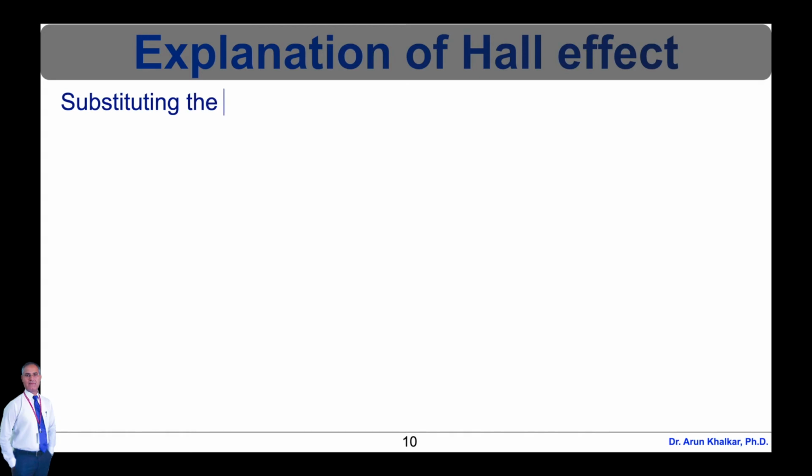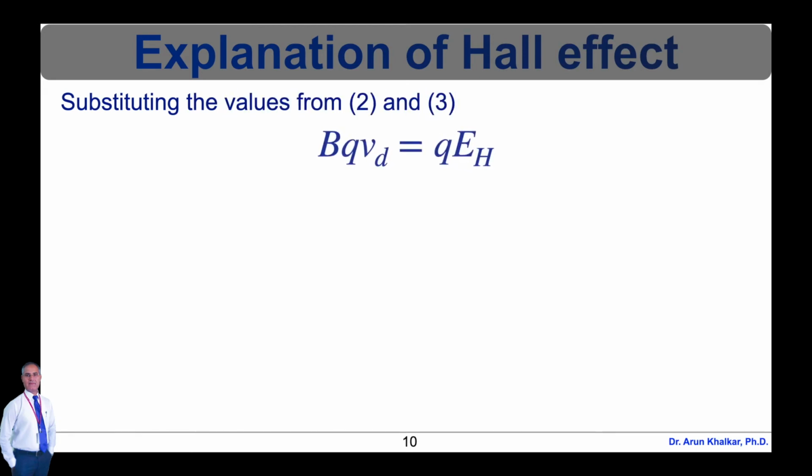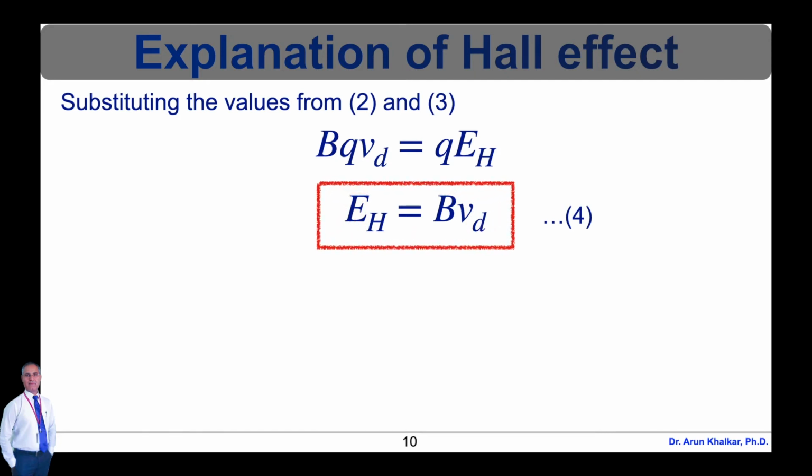Now substituting the values from equation number 2 and equation number 3, we can write capital B into QVD is equal to Q into EH. Therefore, simplifying this equation, we can write EH is equal to BVD. Let's say this is equation number 4.